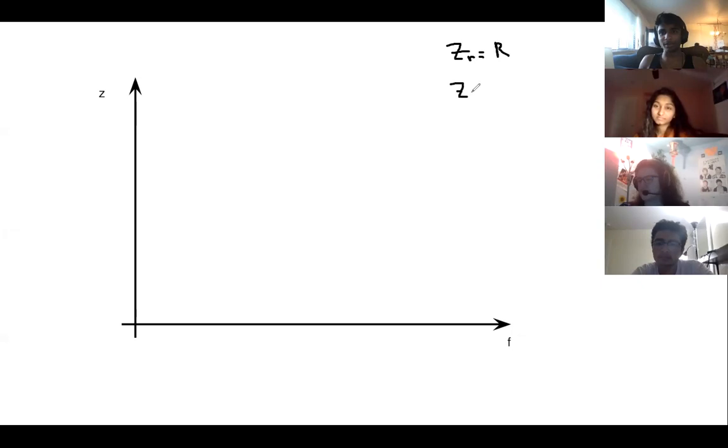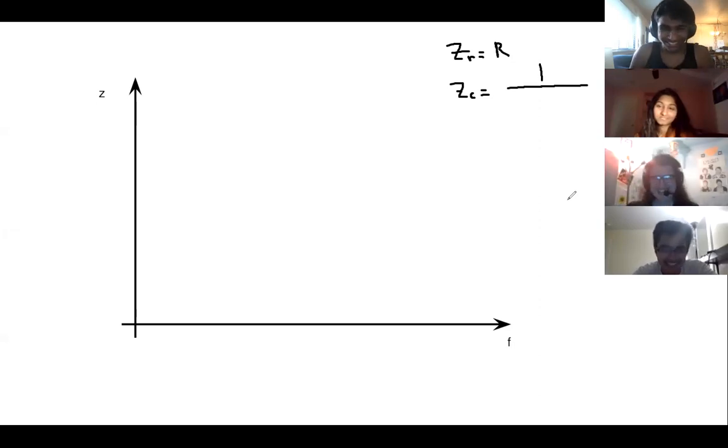The impedance of a capacitor is, I'll give you a hint. It's 1 over something. And that something has to do with capacitance and frequency. I hear typing. Oh, yeah. Okay.